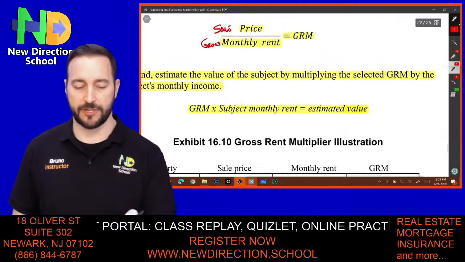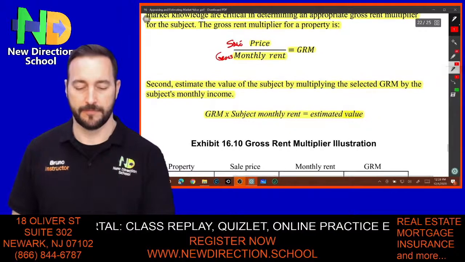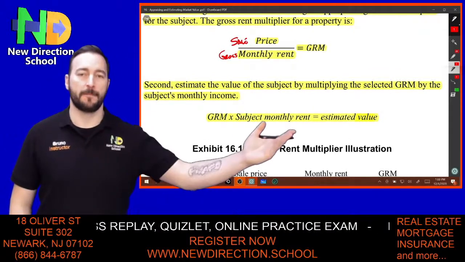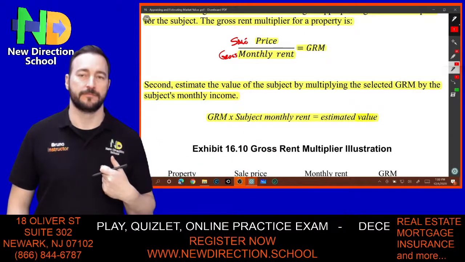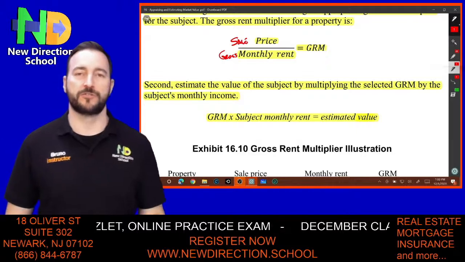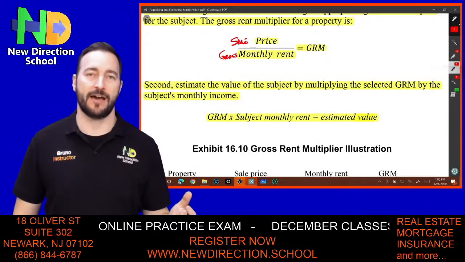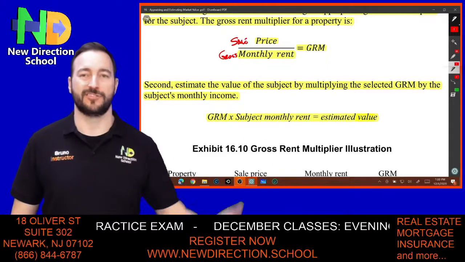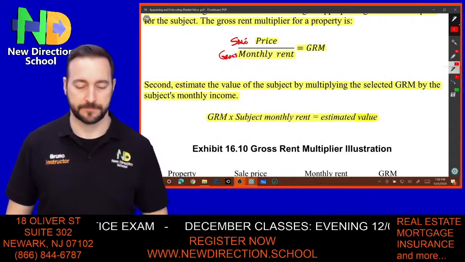Step number 2: once we figure out the GRM in the area, we multiply it by our rent to give us the estimated value. It's very similar to the income capitalization approach, the NOI approach, where we have a cap rate. It's just that here we have the GRM.